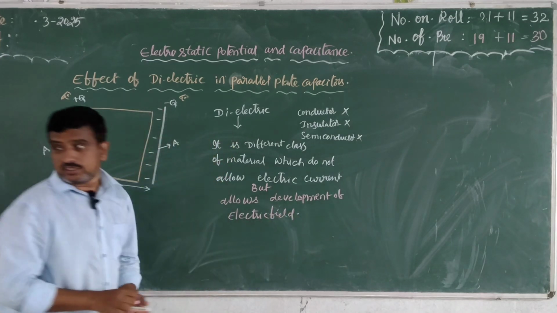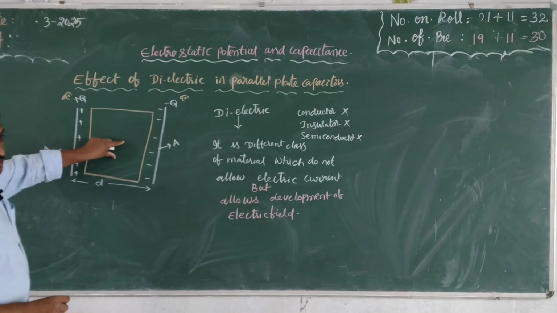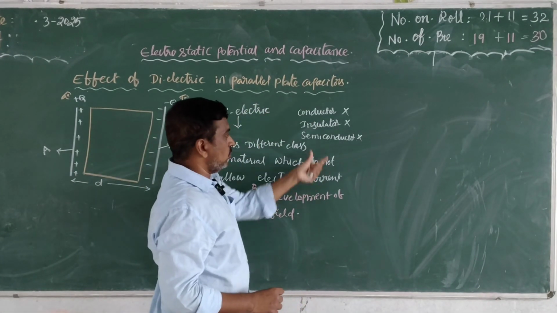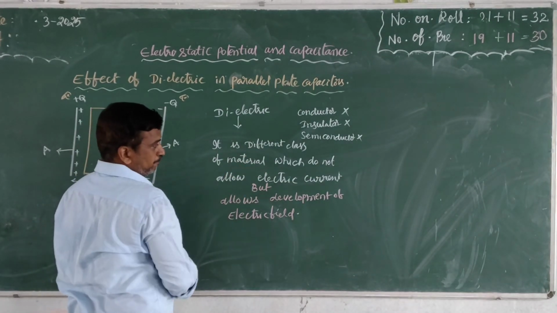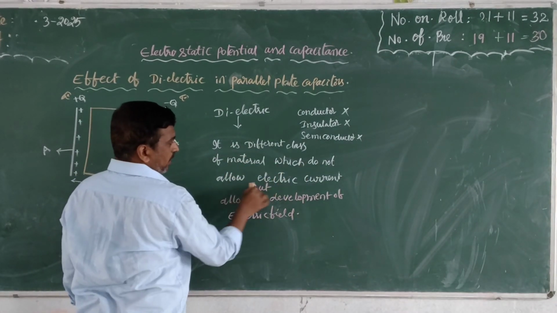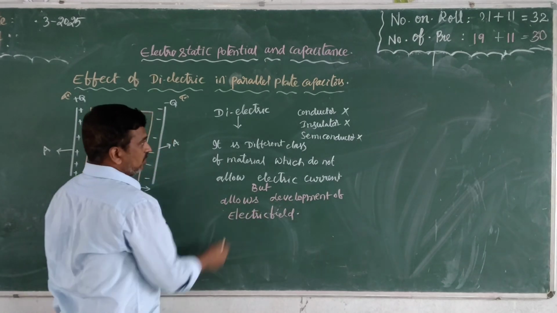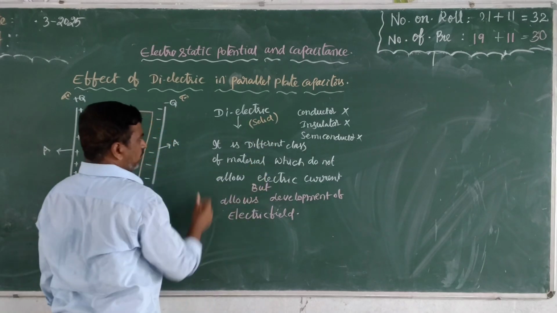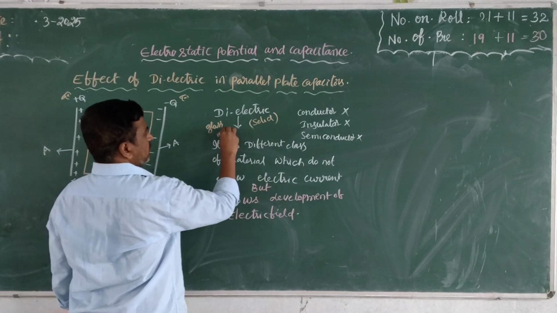Listen once. This is the dielectric. It is not a conductor, not an insulator, not a semiconductor. It is a different class of material which does not allow electric current but allows development of electric field. It is mostly solid. Examples of dielectric are glass and mica.